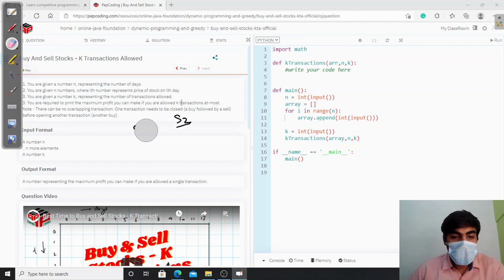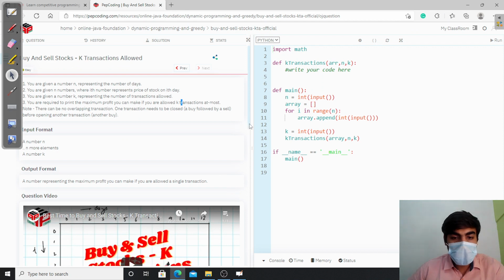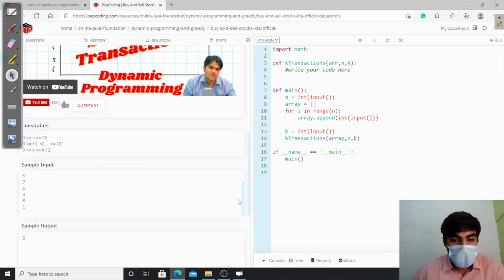So let's see our input and output, then we move to our whiteboard to understand our approach. In the input, we have 6 days and their prices: the first day we have 9, then 6, then 7, then 6, then 3, then 8.